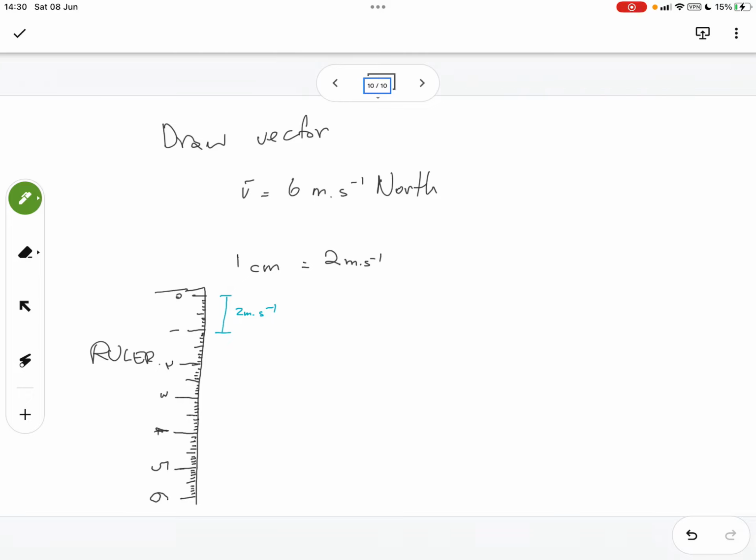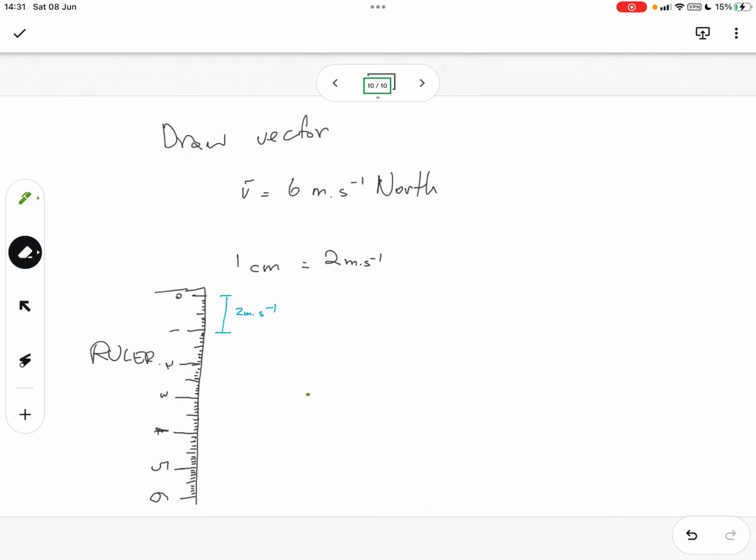If that is 0 there, and this distance here is 2 meters per second, then 6 meters per second, how long is it going to be on our ruler? If that's 2 meters per second, how do we get to 6 meters per second? On 3. So it's 2, 4, 6.